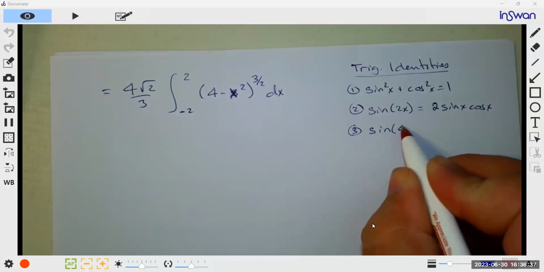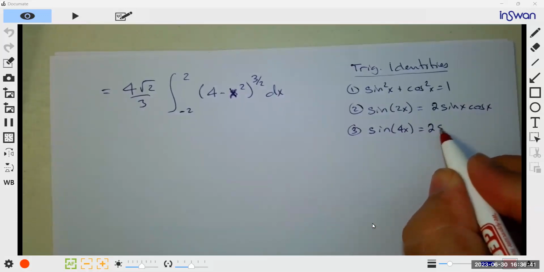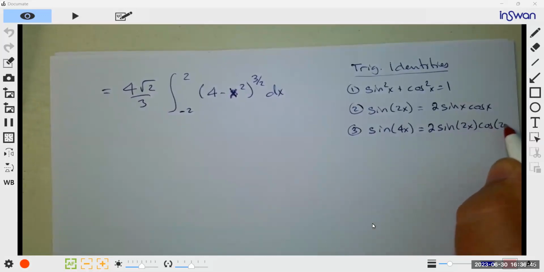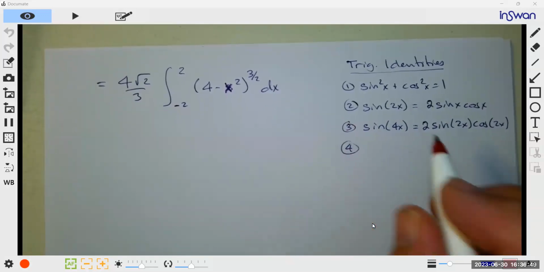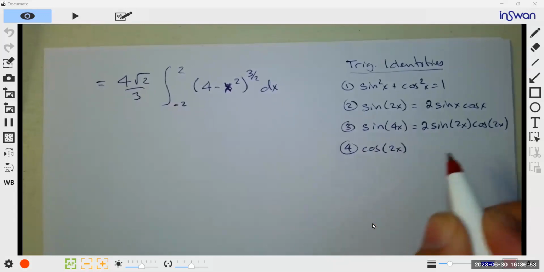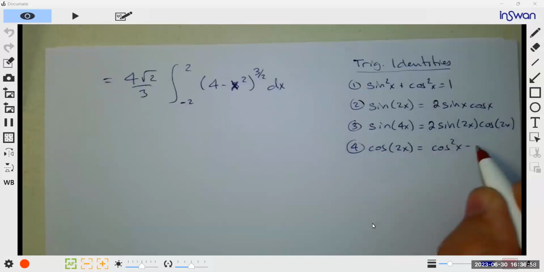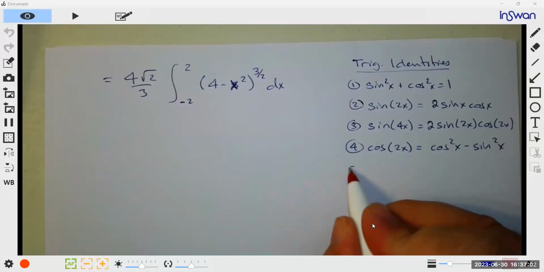So the double angle of sine 2x is 2 sine 2x cosine 2x. The double angle of cosine is cosine squared x minus sine squared x.